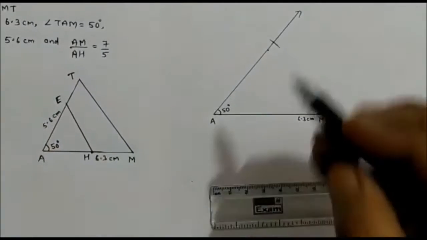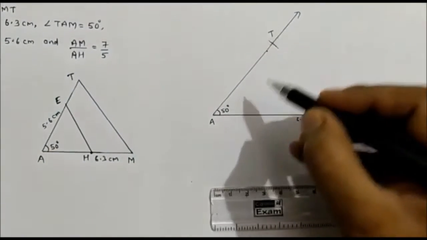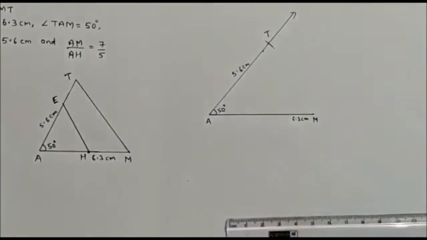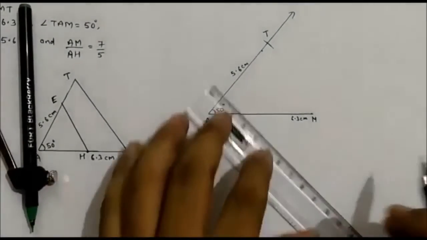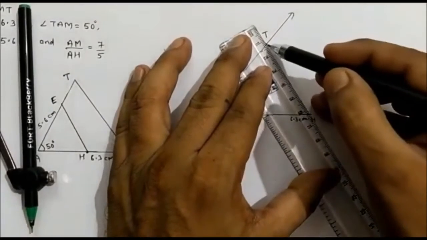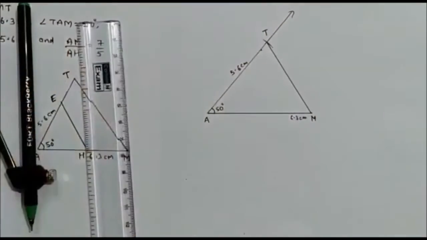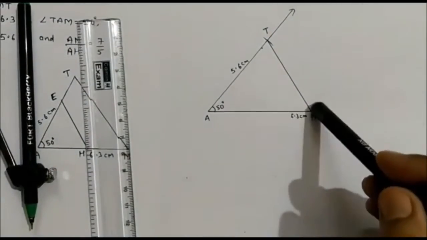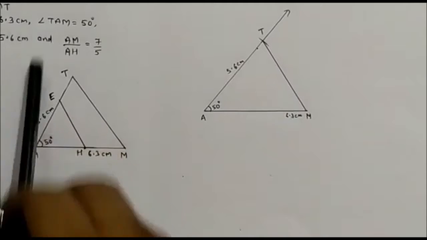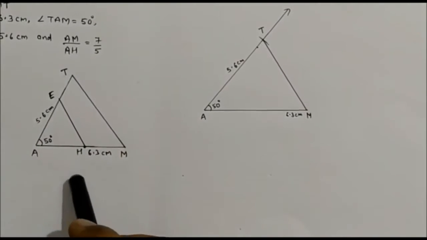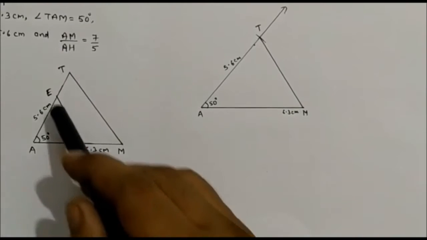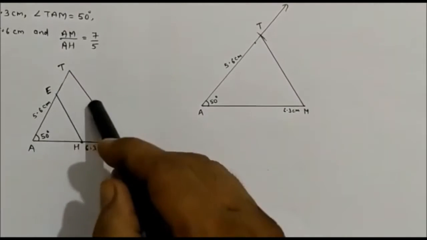Mark this as point T. This is 5.6. Okay students, and join this after. So this is triangle AMT we have constructed, and as you can see in the rough figure, you have got triangle AMT and this triangle AHE. This HE is inside this triangle.